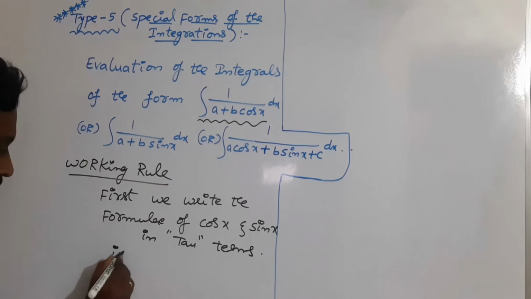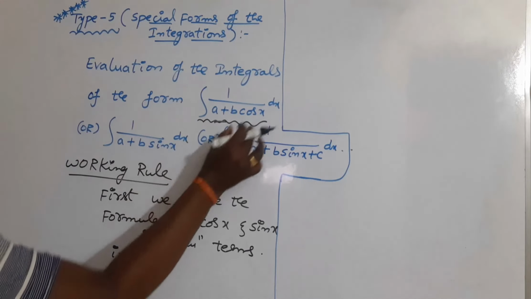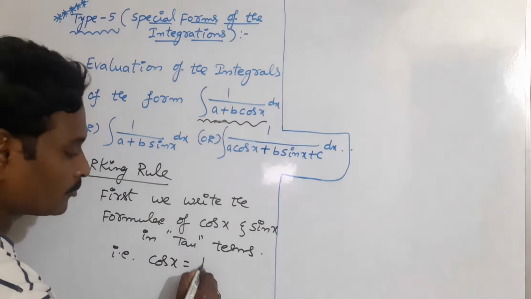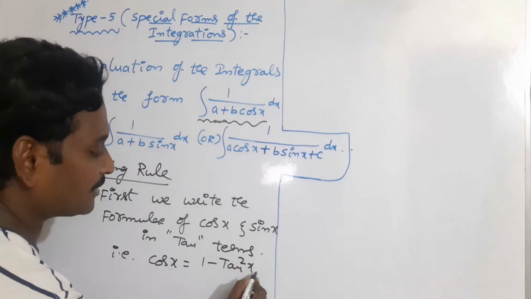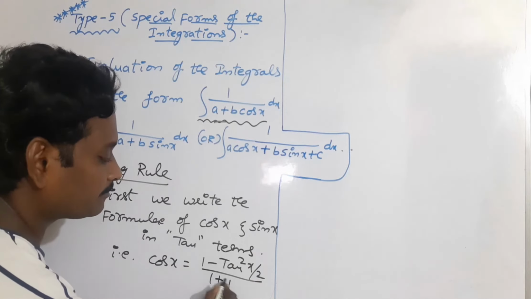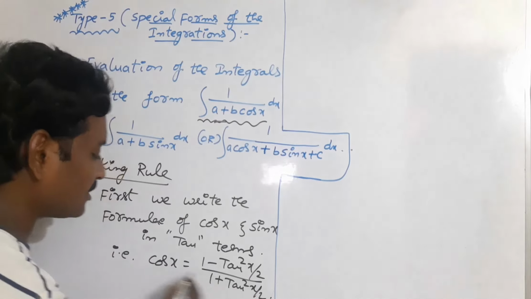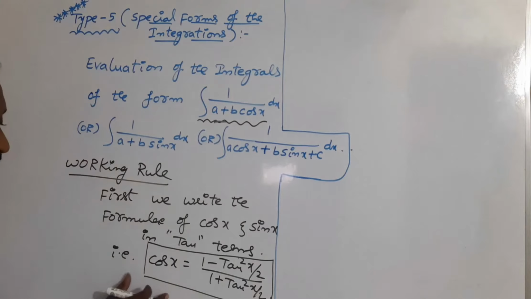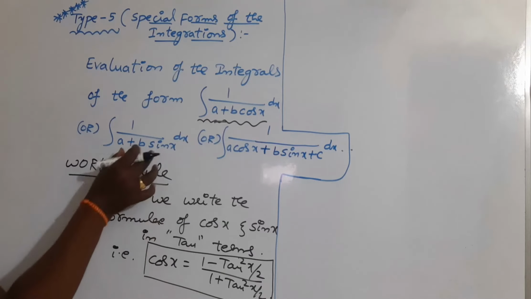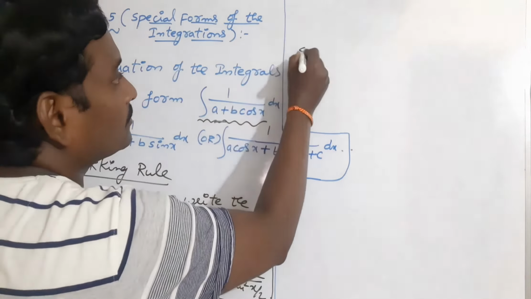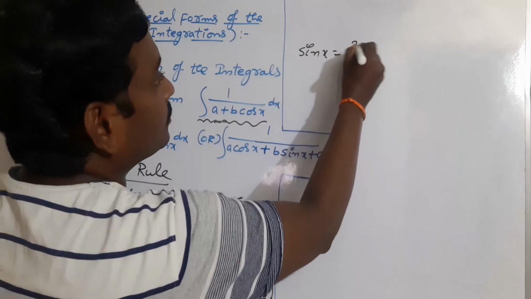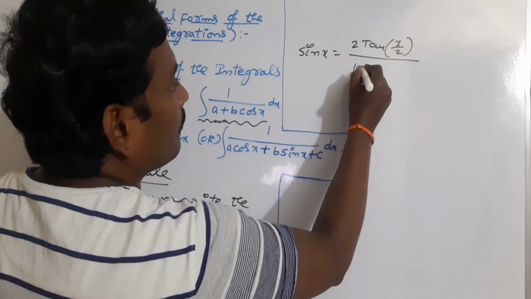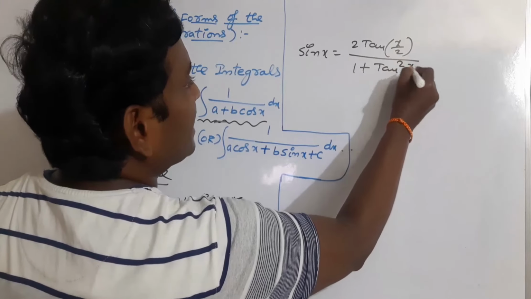Suppose this is the given problem, we have the cos term here, so we should replace cos x as 1 minus tan square x by 2 by 1 plus tan square x by 2. Everybody knows that this is the formula of cos x in terms of tan. We should replace this formula here. Suppose the given problem is this one, we should replace sin x by 2 tan of x by 2 over 1 plus tan square of x by 2.